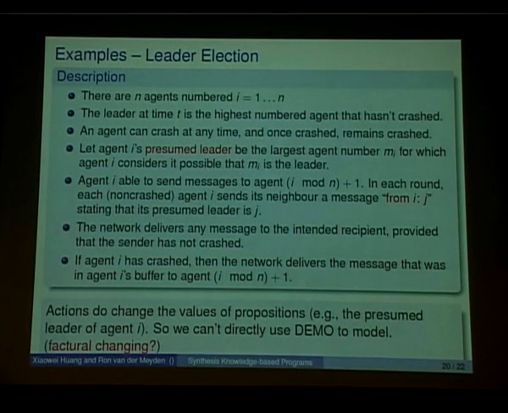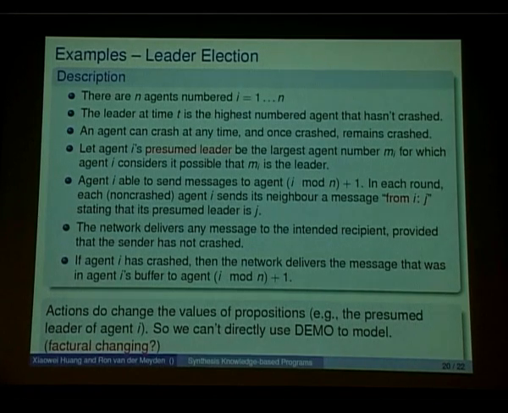The network will deliver this message only if the agent doesn't crash. And if some agent crashes, the network will also deliver the message in each buffer to the next agent. That's the communication mechanism of this protocol.